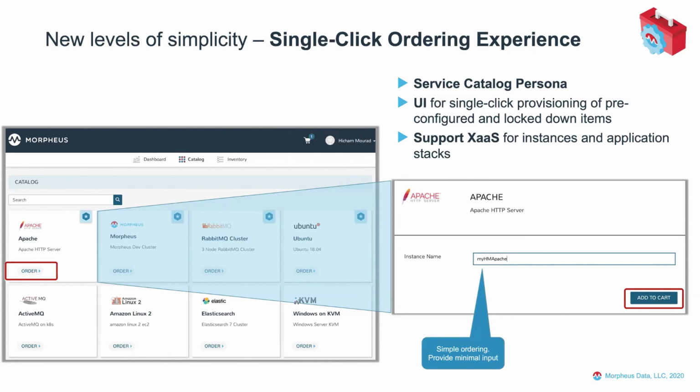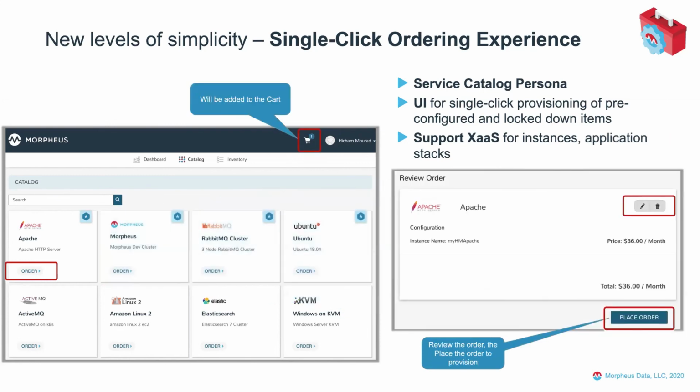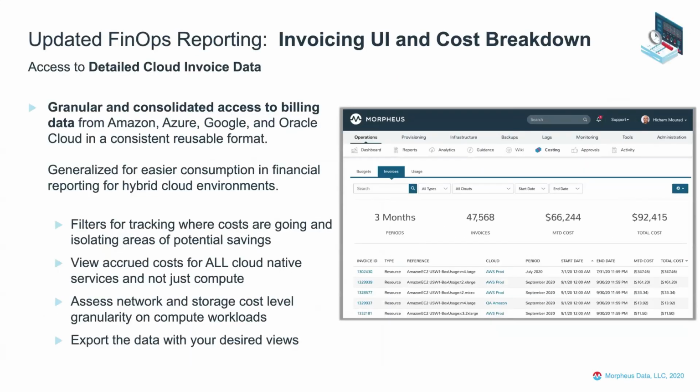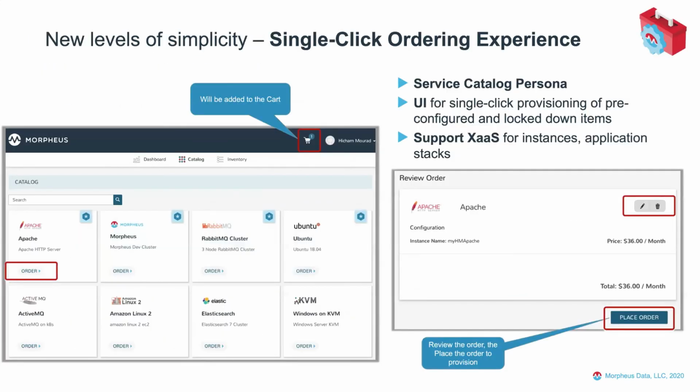And then I simply add that to the cart, right? Once I'm done shopping and I've ordered all the applications that I want, I'll go to the shopping cart, review it, and then place that order. And that provisioning will just take place in the background.